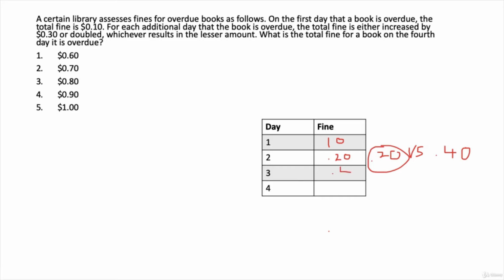Similarly, for day 3, the fine is calculated as 0.4. How do we do that? Doubling 0.2 gives us 0.4 and adding 0.3 to 0.2, which is day 2's fine, gives us 0.5. Comparison of 0.4 and 0.5, the lesser amount is 0.4. But what about day 4 now?